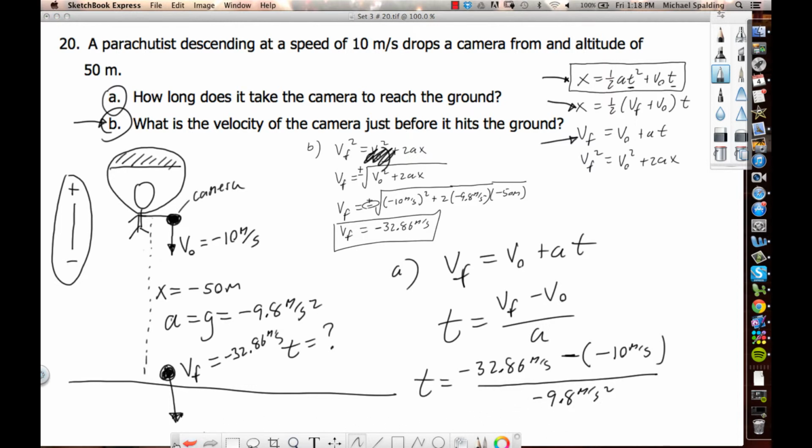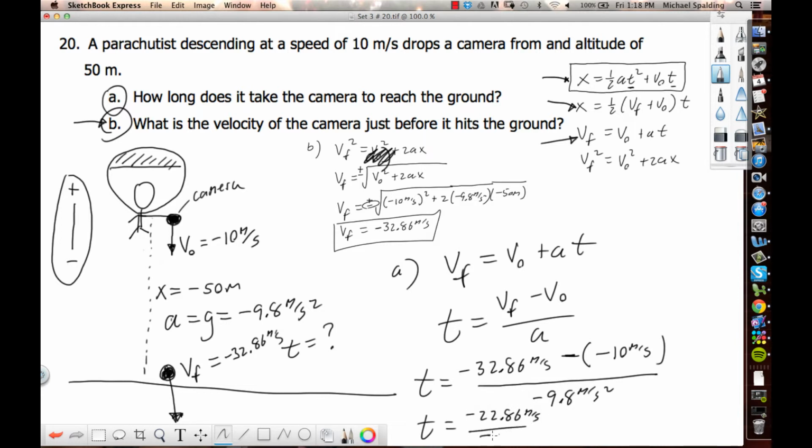So we end up with t equals negative 22.86 over negative 9.8. The negatives cancel, and we get 2.3 seconds. So the answer to A, 2.3 seconds. The answer to B, negative 32.86.